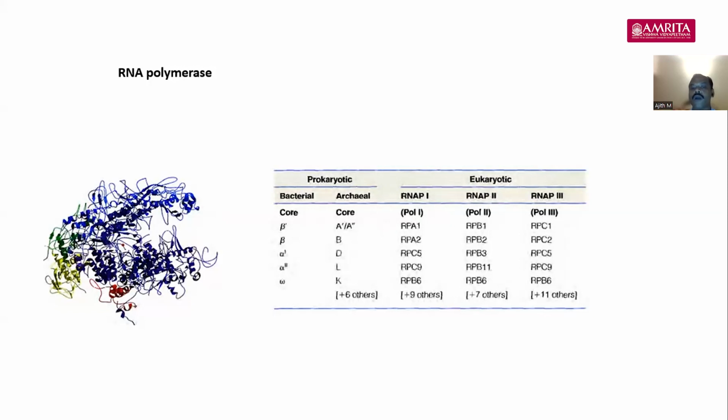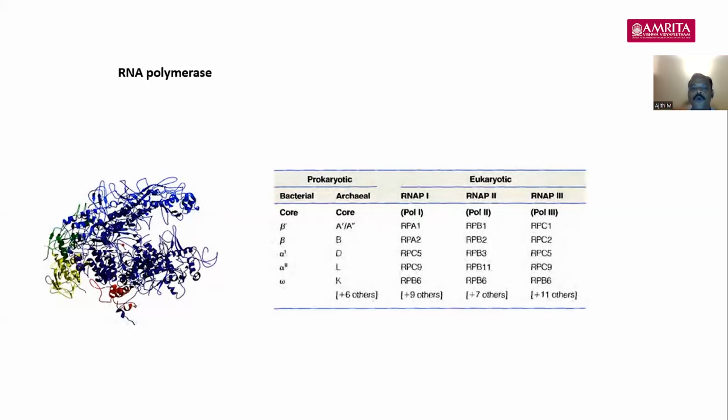In the case of eukaryotes, you have RNA polymerase 1, RNA polymerase 2, RNA polymerase 3, and so on: RNAP1, RNAP2, RNAP3. They have different functions, encoding rRNA, mRNA, tRNA, and so on. They are made up of different subunits, RPA1, RPA2, and so on.